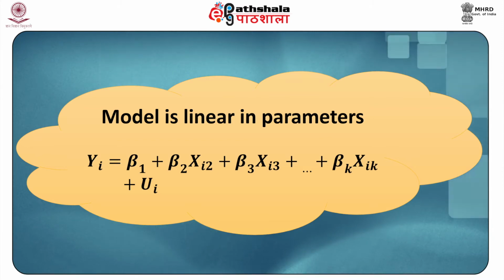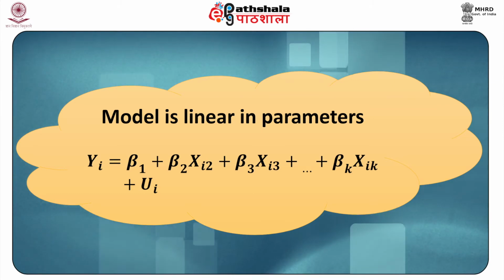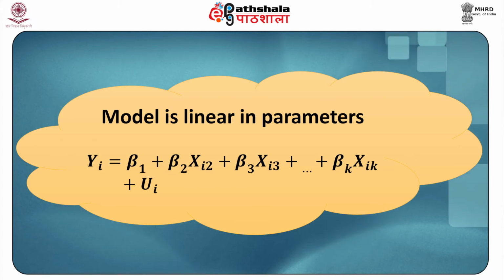So if I rewrite my model and show it to you, we said yi is equal to beta 1 plus beta 2 xi2 plus beta 3 xi3, and so on till beta k xik plus mu i. Now this is the same as in simple linear regression analysis.